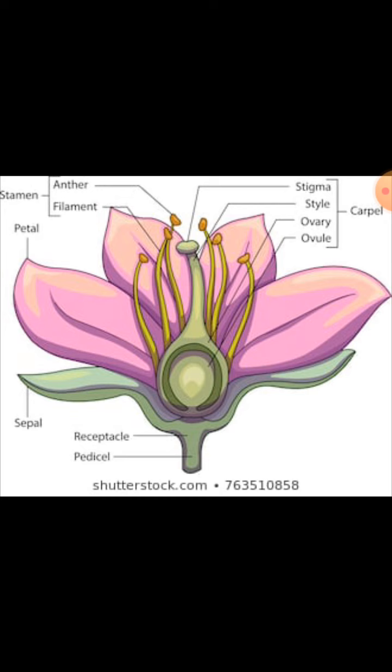The ovary is the swollen part, with the ovule inside the ovary. Together these make up the carpel, also called the gynoecium. The accessory parts of the flower are the sepals and petals. The sepal is the protective part of the flower, and the petal is the attractive part that helps in pollination.